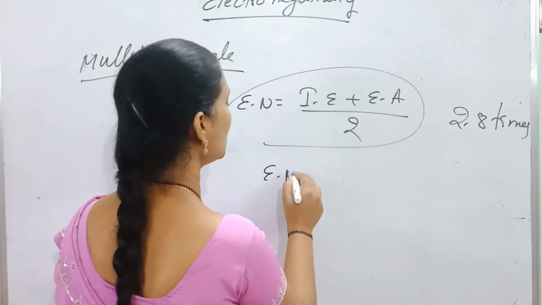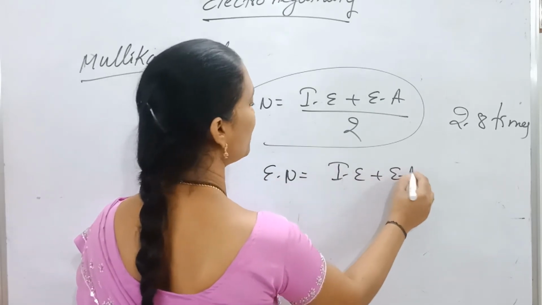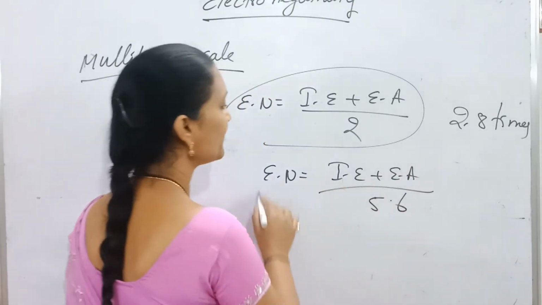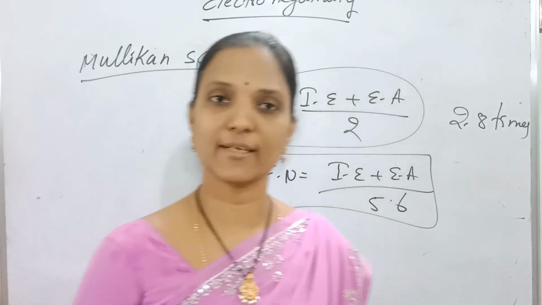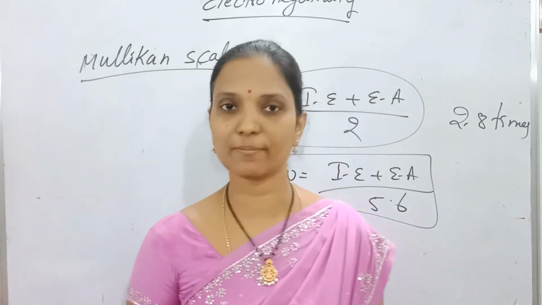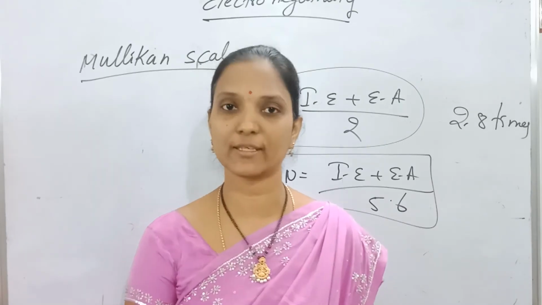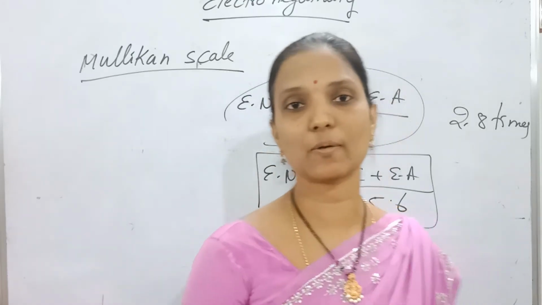That's why the formula changes like this: ionization energy plus electron affinity by 2 into 2.8, that is 5.6. What is the formula in Mulliken scale? Ionization energy plus electron affinity by 2, but the problem is we have to use 5.6 to get the correct answer, because every answer is 2.8 times more than the Pauling scale value.